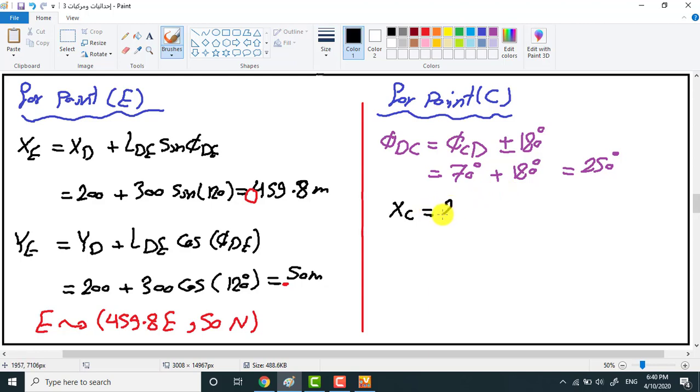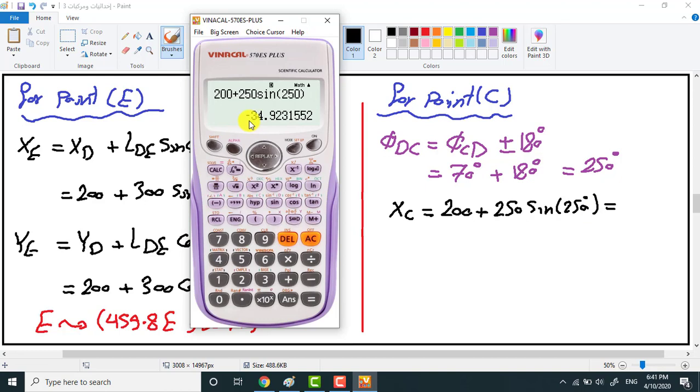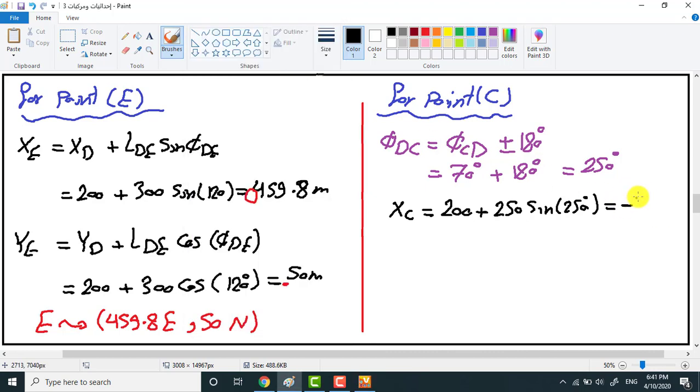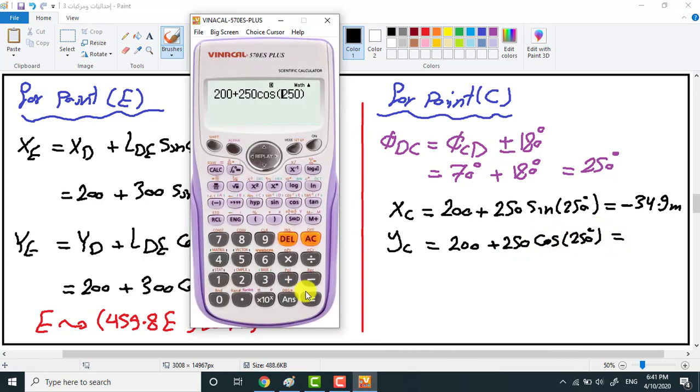XC equal XD 200 meter plus 250 meter sine 250. This result equal minus 34.9 meter. YC equal YD 200 meter plus LDC 250 meter cosine 250.